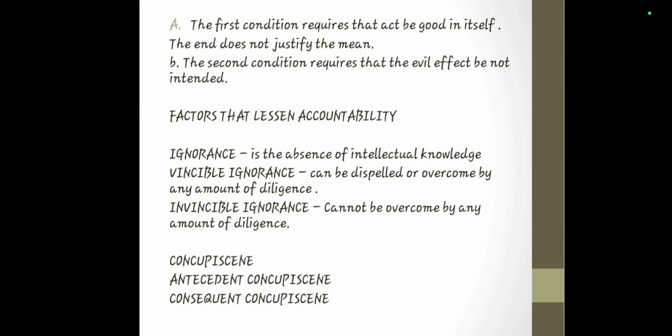When you act in invincible ignorance, it is not voluntary, and the individual is not held responsible. For example, a Bagobo who had been living all his life in the mountains and who happened to come to Davao for the first time, and violated traffic laws, could not be held responsible for violating the law.